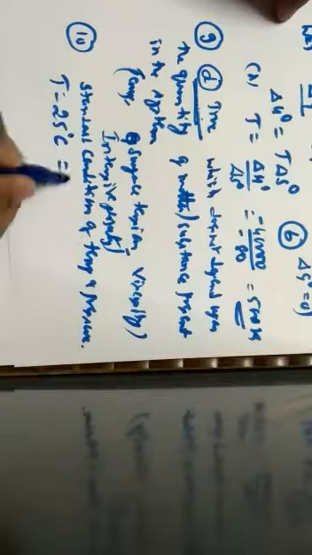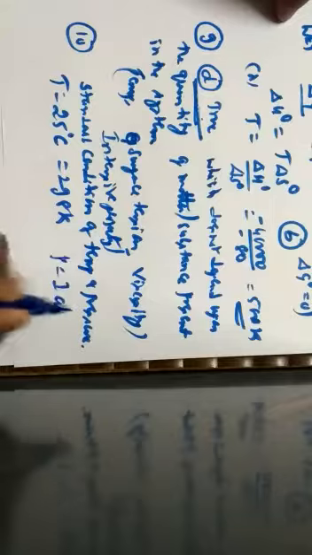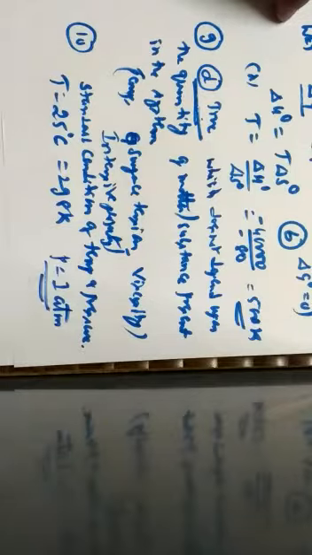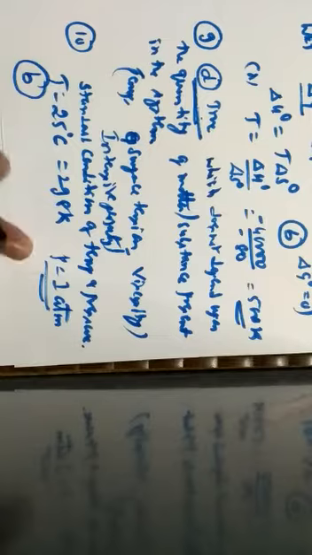So one should know that in the thermodynamic standard conditions, the temperature is always 25 degrees Celsius, which is nothing but 298 Kelvin, and the pressure is always 1 atmosphere. This is given by option B, that is 298 Kelvin and 1 atmospheric pressure.